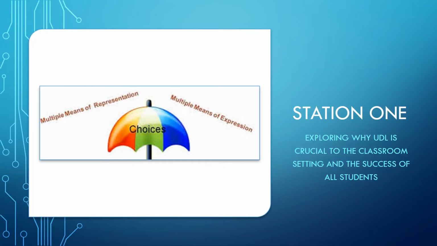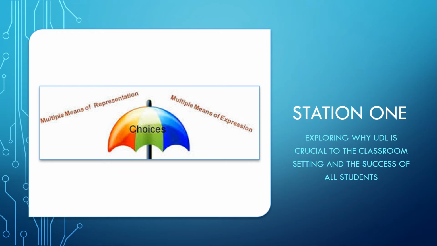So first thing I want to do is explain to you what Universal Design for Learning is. According to the Higher Education Opportunity Act of 2008, Universal Design for Learning means a scientifically valid framework for guiding educational practice that provides flexibility in the ways information is presented, in the ways students respond or demonstrate knowledge and skills, and in the ways students are engaged.